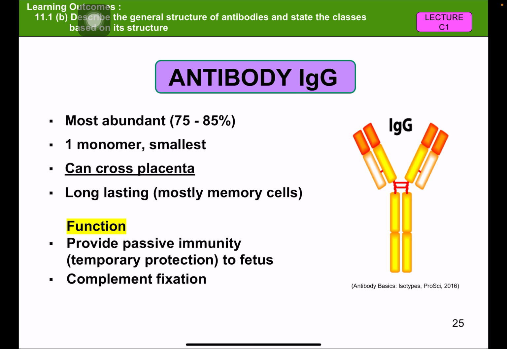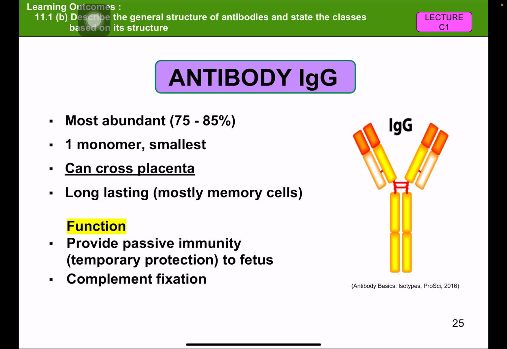The IgG antibody is the most abundant, about 75 to 85% in our body. It's the smallest, and it's only one monomer. IgG is the one and only antibody that can cross the placenta from mother to baby.